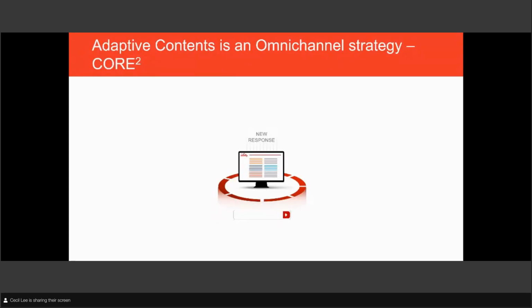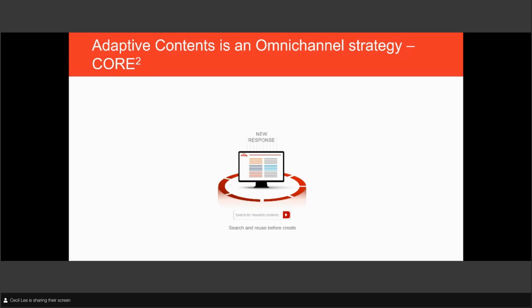Okay, I'm going to take just a few more minutes on where we're actually going. Now that you know our core strategy, this is essentially what we are working towards. When an author is creating a new response, the first thing we ask them to do is search, and then reuse before you create.